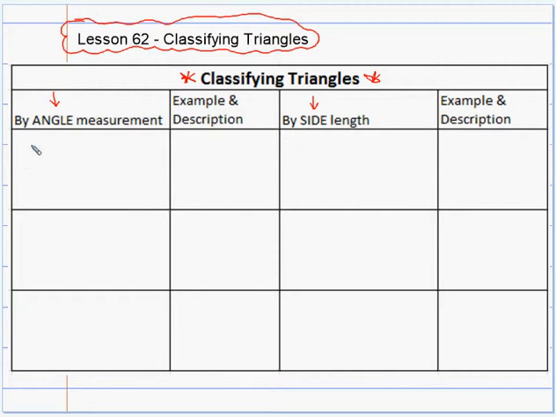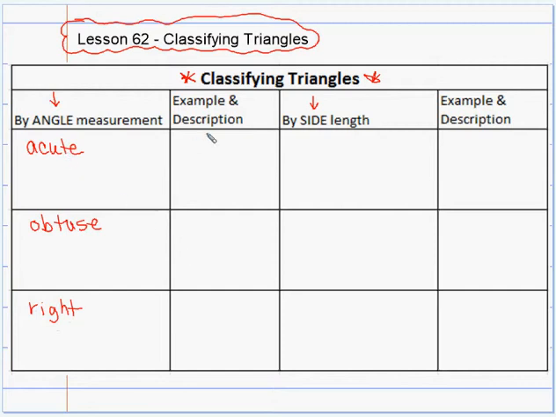So by angle measurement, we can classify triangles as being acute triangles, by being obtuse triangles, or by being right triangles.